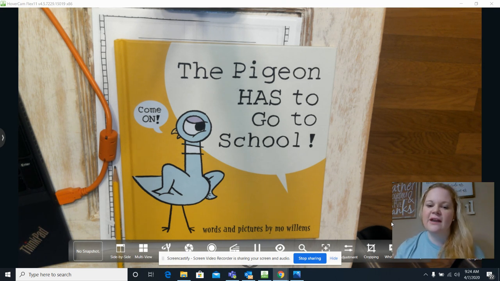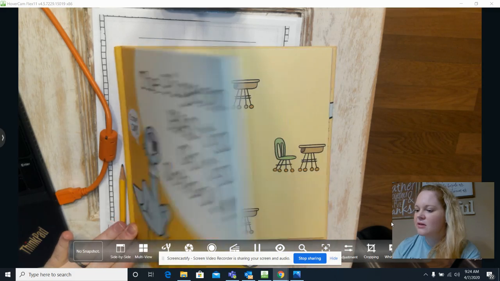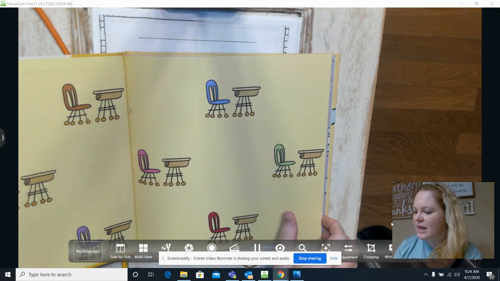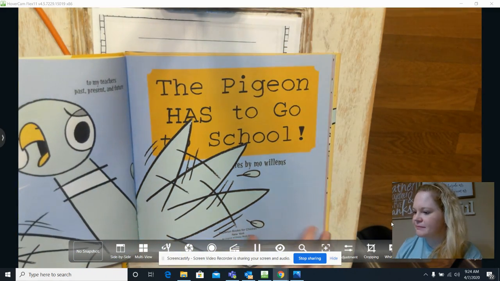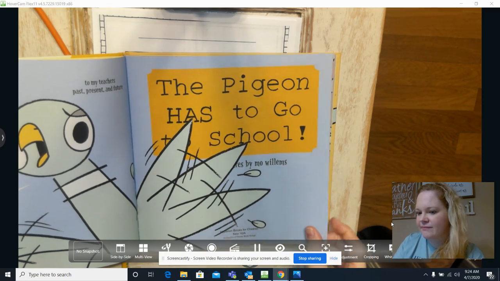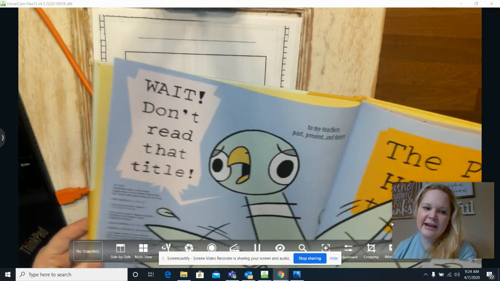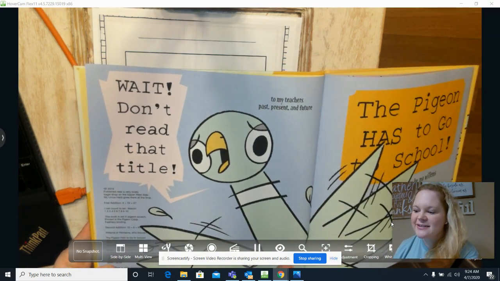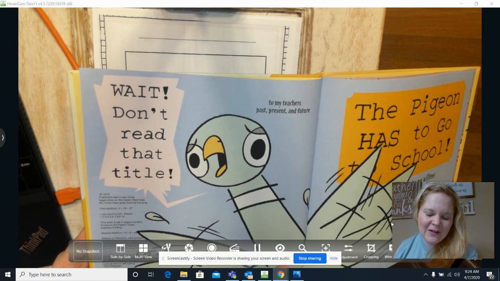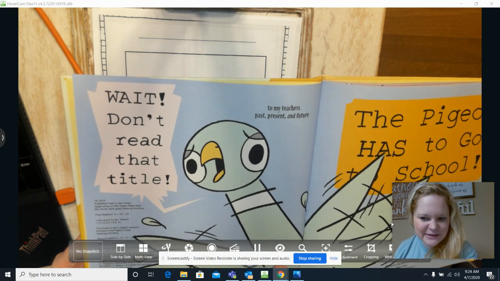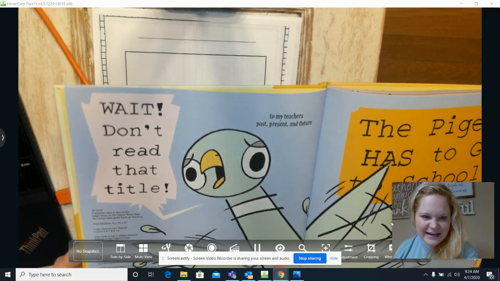So I just want to look at a few pages from Mo Willems' book to see how he does this. So let's take a look inside of his book. Something I love right here: "Wait, don't read that title." Well, what does that make you want to do? Read the title, right?